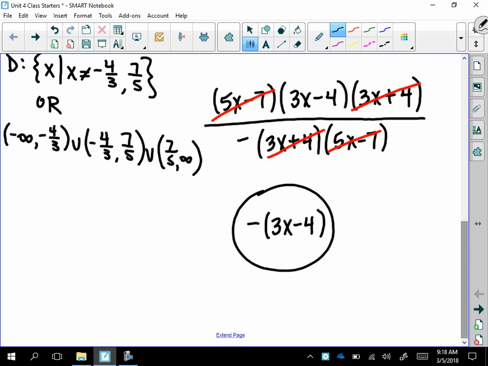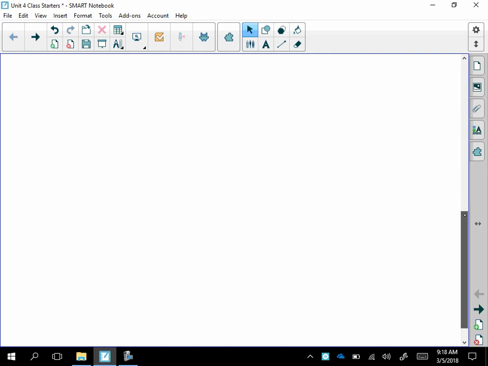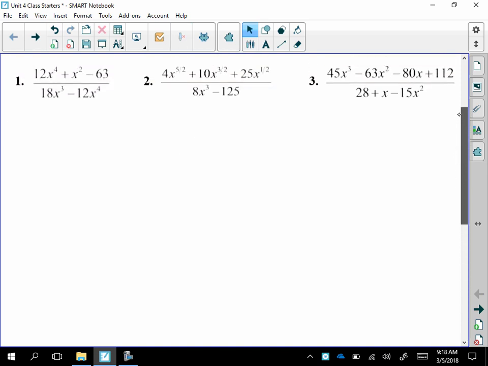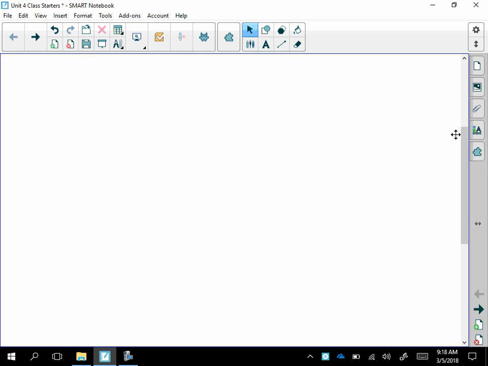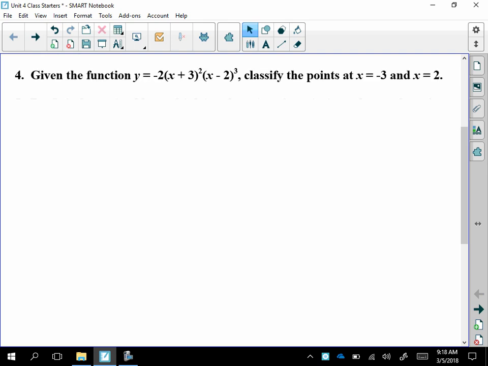All right, 4 and 5 really relate to our last unit on polynomials, but it never hurts to go back and review, because a lot of these terms and skills that we saw in polynomials are going to carry forward into rational functions, because a rational function really is a polynomial divided by a polynomial. So keeping our skills fresh in polynomials will be important.